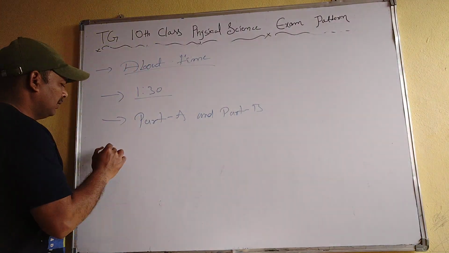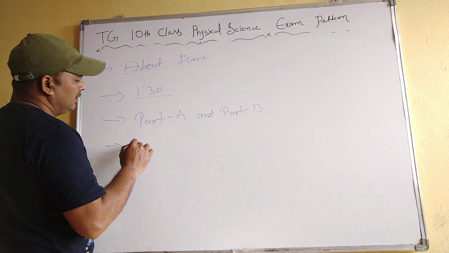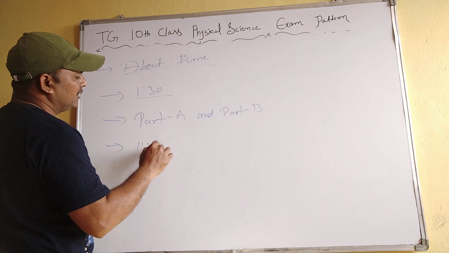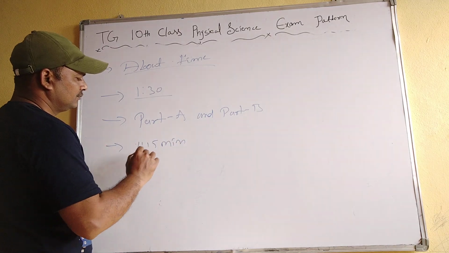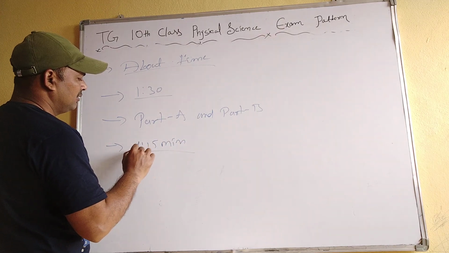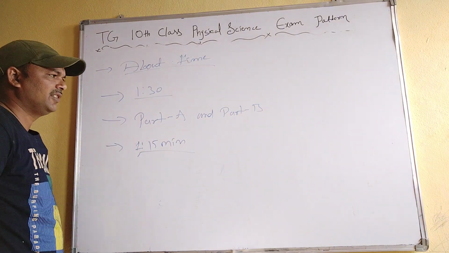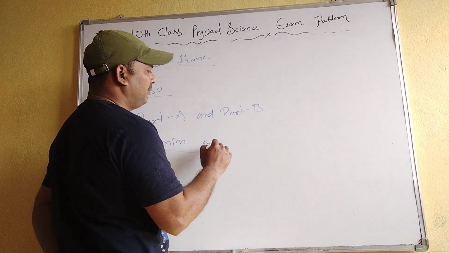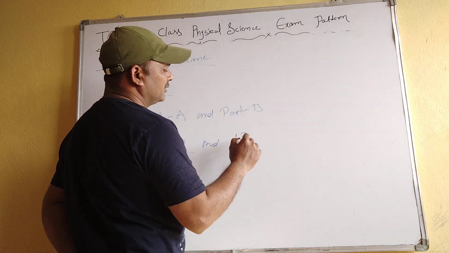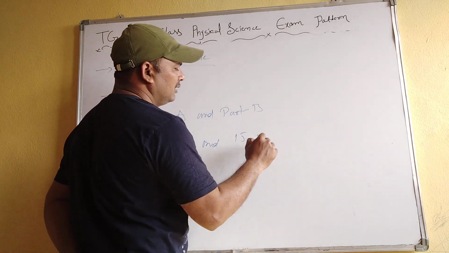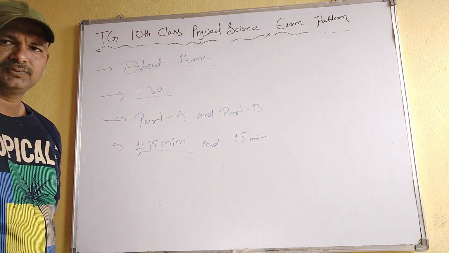For part A, they give 1 hour 15 minutes. And for part B, they give only 15 minutes, right?